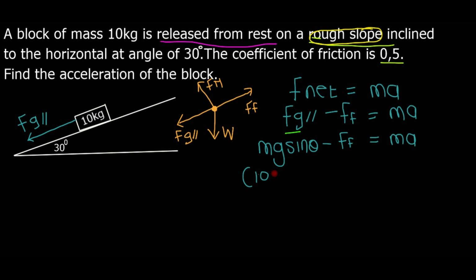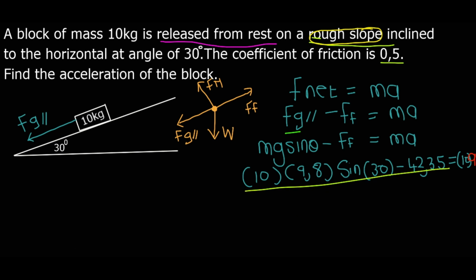So the mass is 10, and then this is 9.8, and then sine 30 degrees, minus this friction, which is 42.35, and then equal to ma, where this is 10, and we need the acceleration. When I press this on the calculator, it gives 6.565.